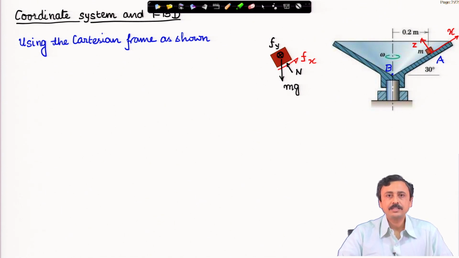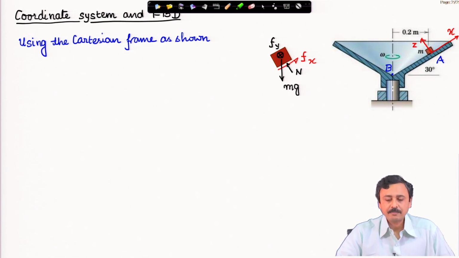Fy is unknown and is into the plane of the screen. Please note that this is the general free body diagram of this block on the dish. We do not know a priori which friction forces will apply in which direction, and magnitude is definitely out of question.